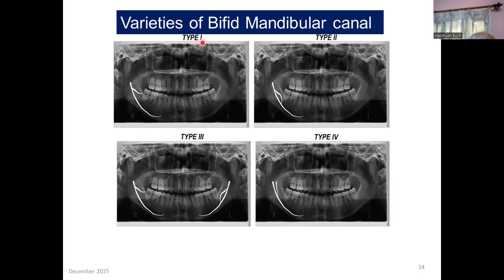And you can see type 1, retromolar, type 2 with a foramen inside it and mostly located in the ramus region, type 3 with a combination of 1 and 2, as you can see, this is 1, this is 2, and type 4, well, only unilaterally present, and there are 2 foramina, obviously, in the ramus region, 2 mandibular foramina or inferior alveolar foramina.